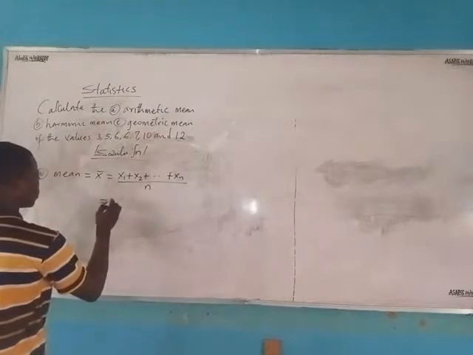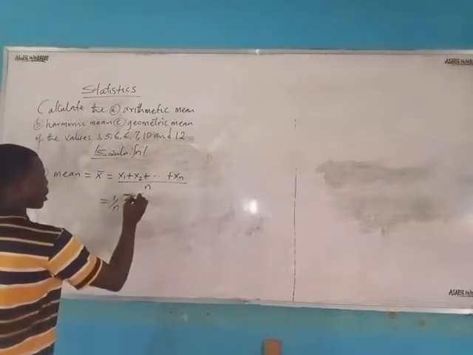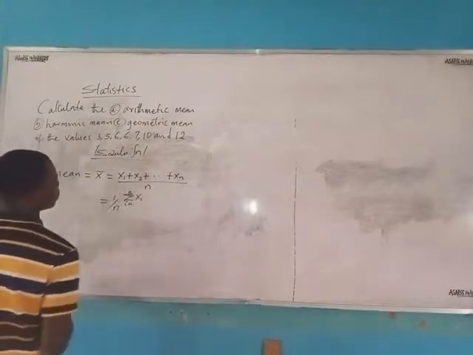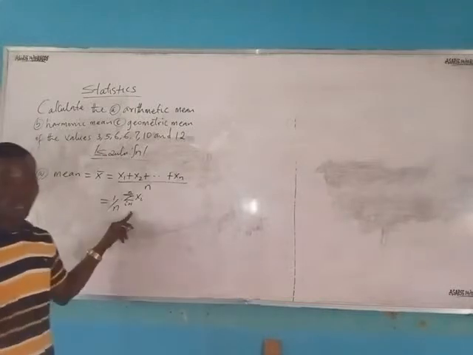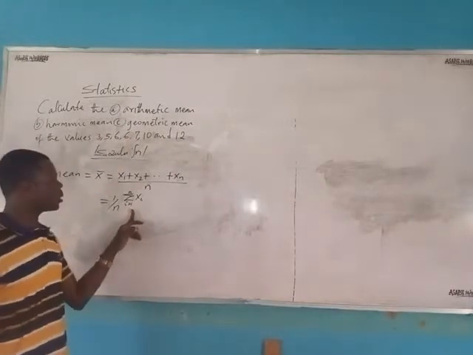This can also be written as 1 over n summation of xi from 1 to n. So this is the formula for calculating arithmetic mean for ungrouped data.